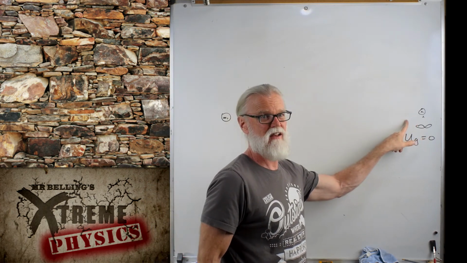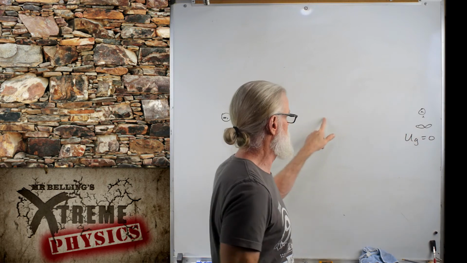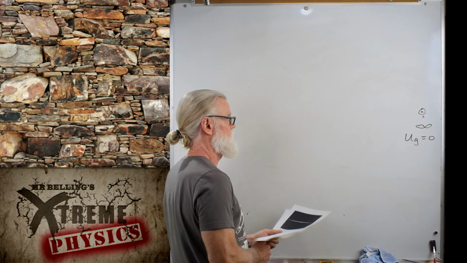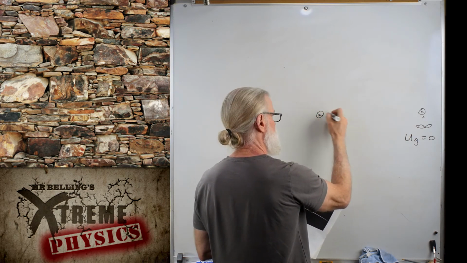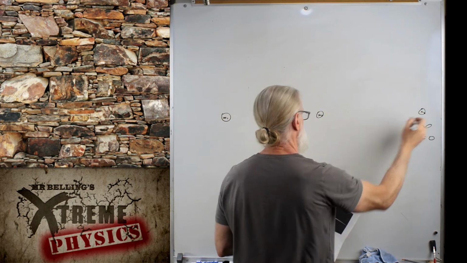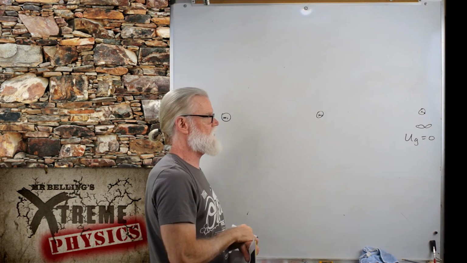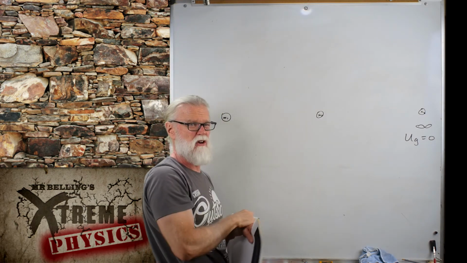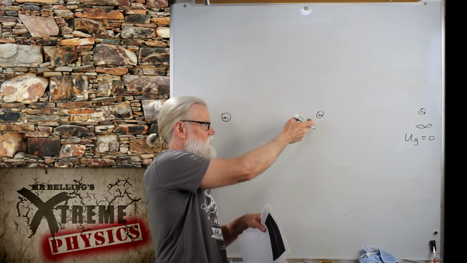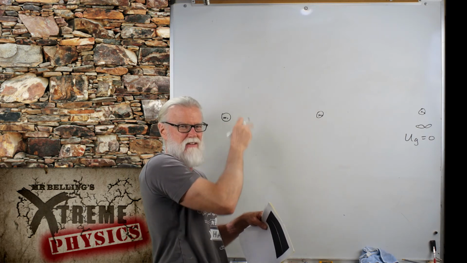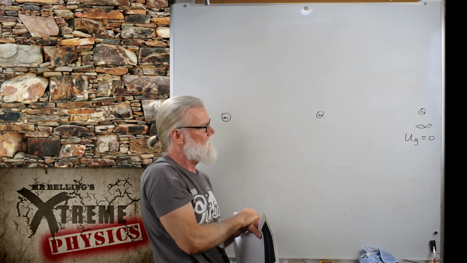So what does that tell us about if I move it to here? So that mass 2 is here. What do I know about the gravitational potential energy between these two? Remember, gravitational potential energy is between two objects. It's not just this thing. It's the gravitational potential energy between them.